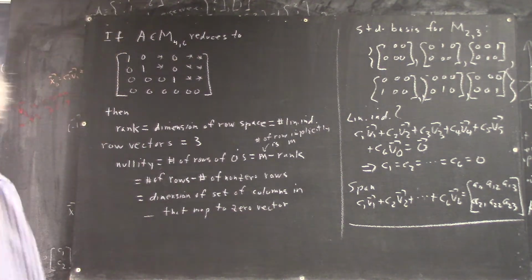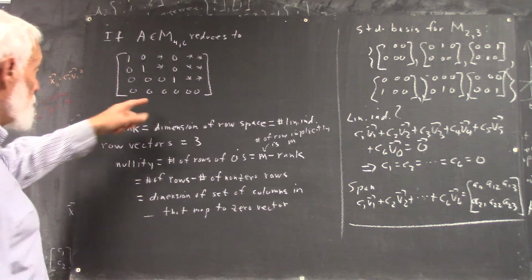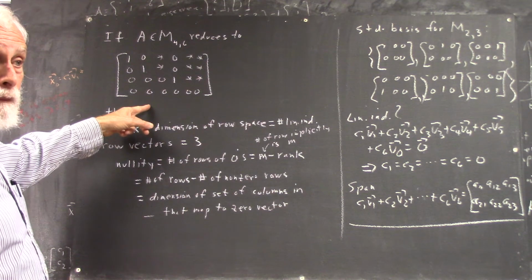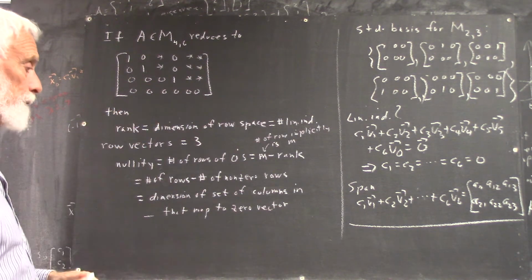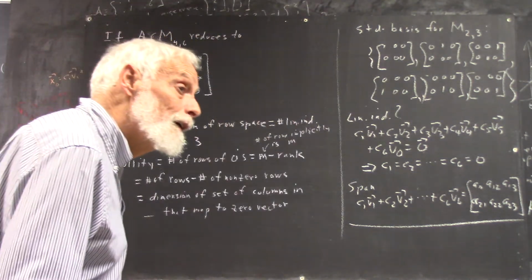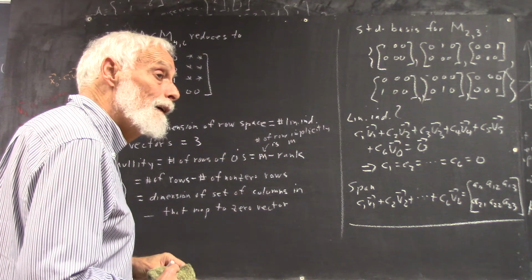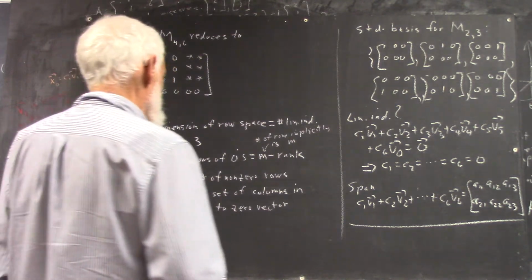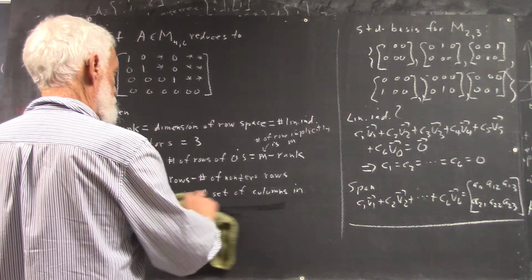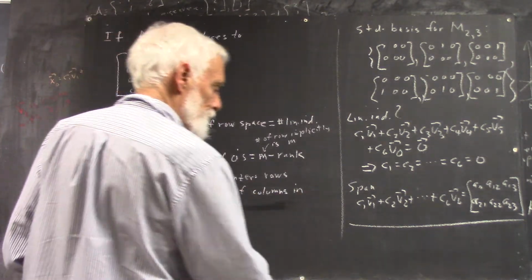What kind of columns get multiplied by this matrix? 4. Sorry? You'd have to have 4 columns to multiply it by that matrix. No, you just have to have one column.